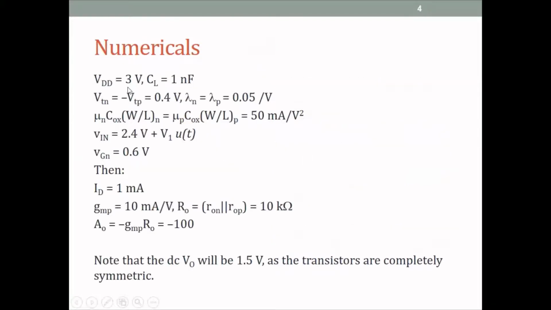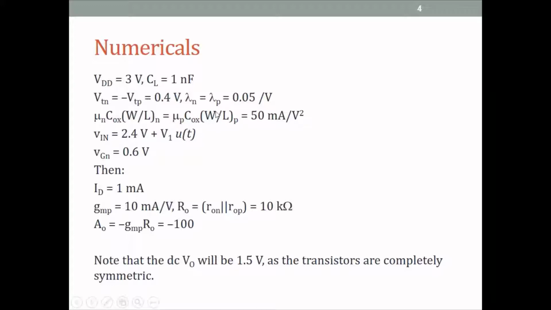We will assume these numerical values for our discussions: a VDD of 3 volts, a CL of 1 nanofarad, which is a large capacitor compared to usual MOSFET capacitances, the usual threshold voltages, lambdas, and mu Cox W by L we will assume the same for both transistors, equal to 50 milliamp per volt squared.